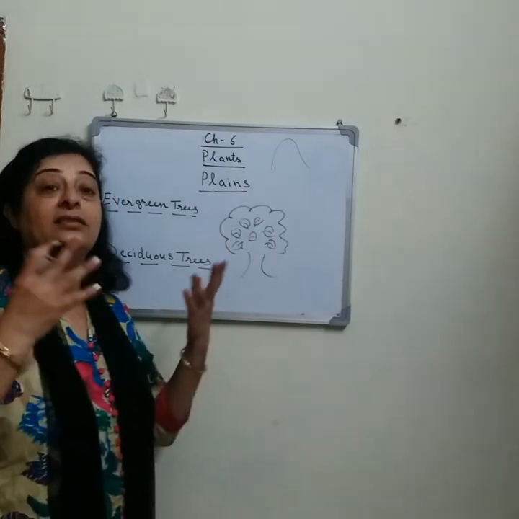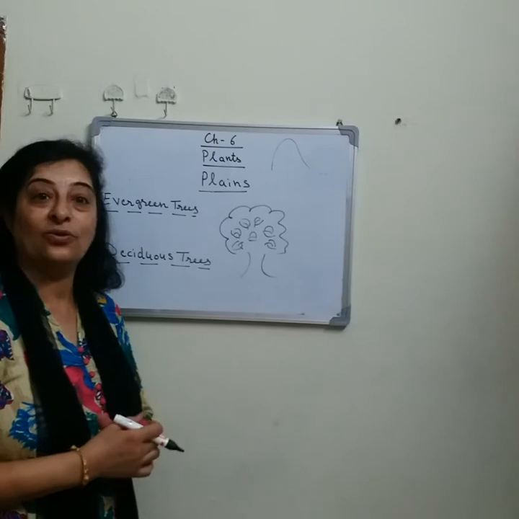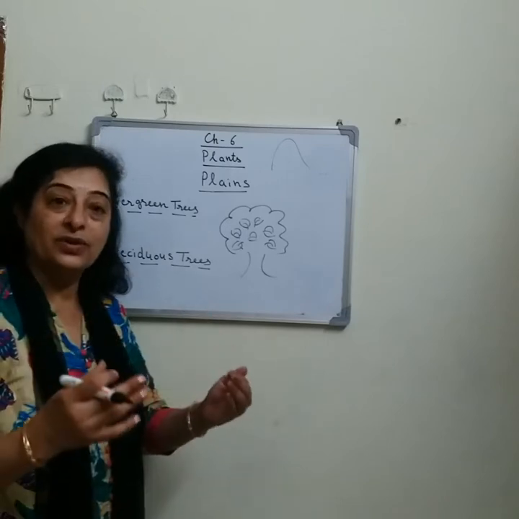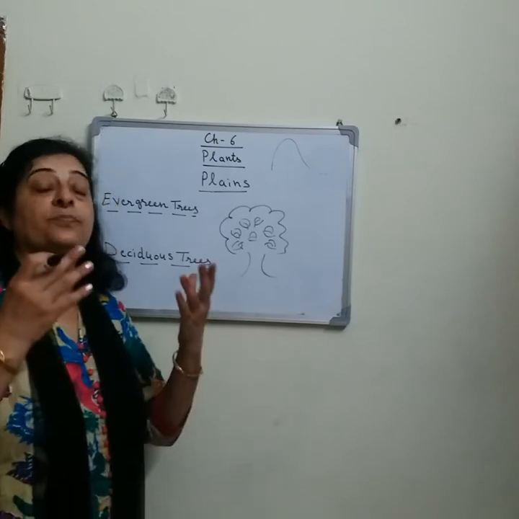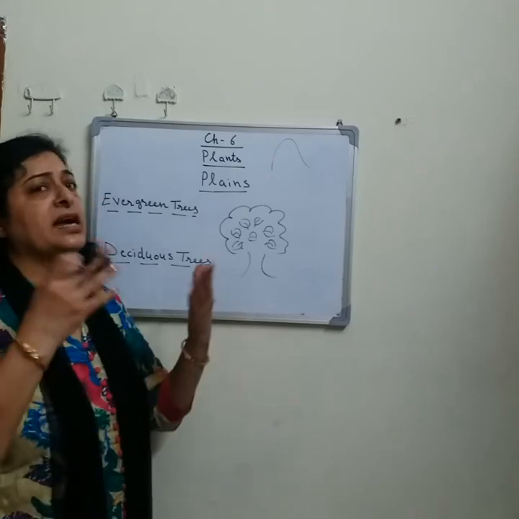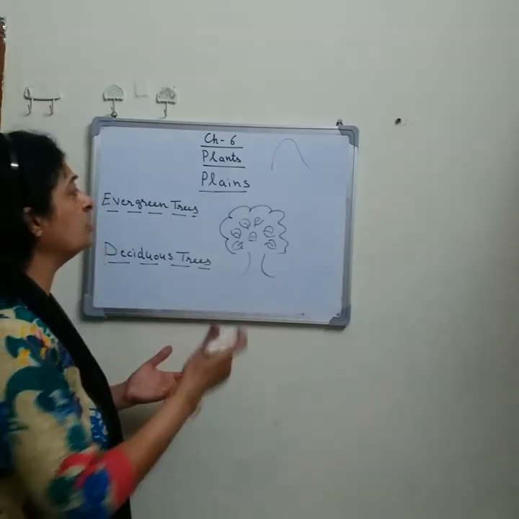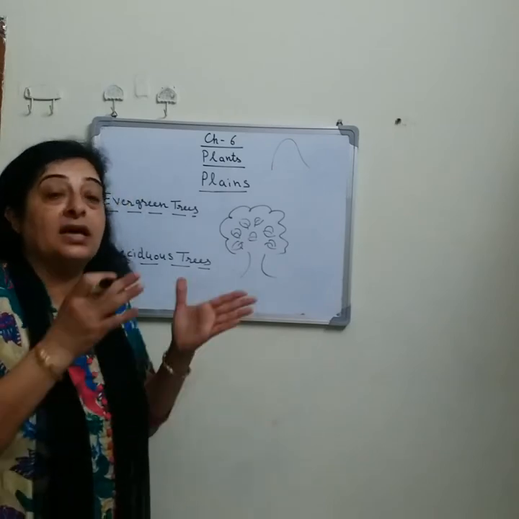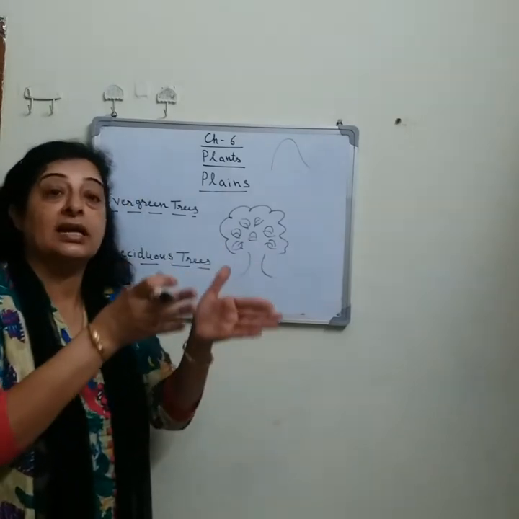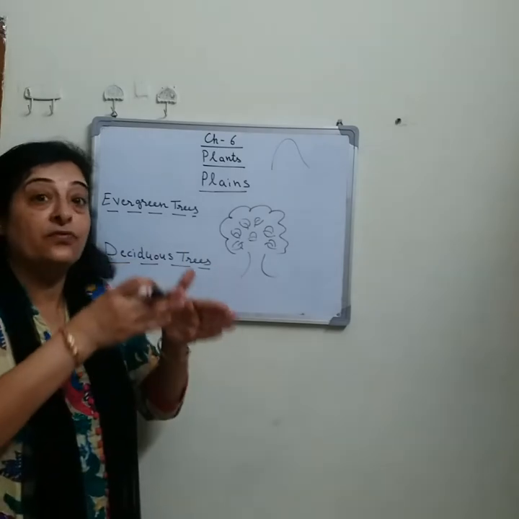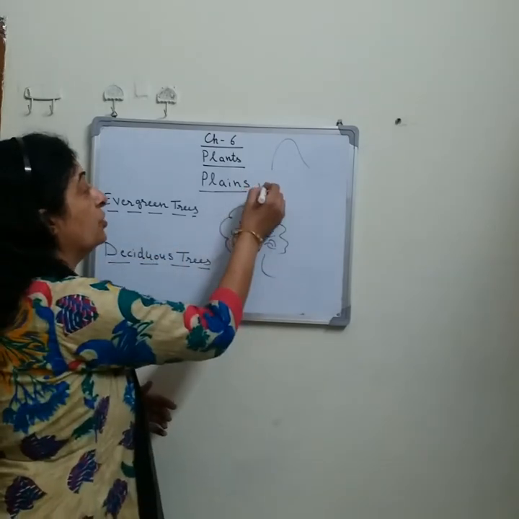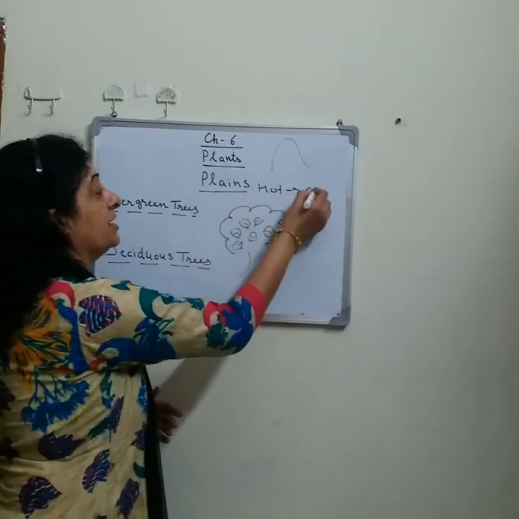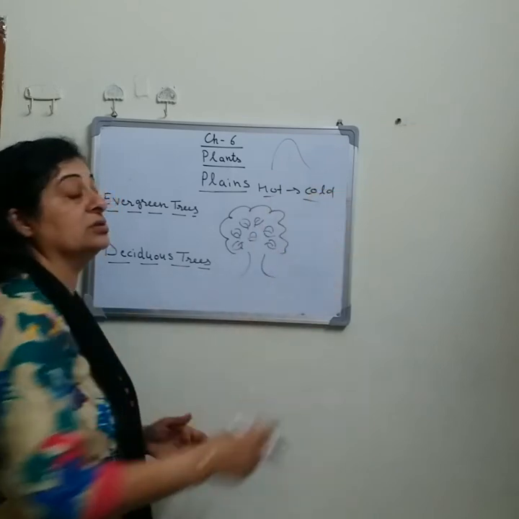Do you know, like the mango trees grow on plain, or you can say shisham or peepal, neem. These are the different trees that grow on plains. And the climate of the plain varies from hot to cold.